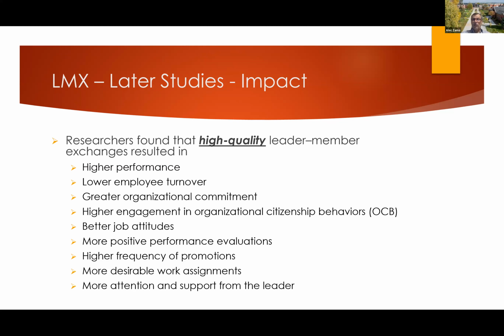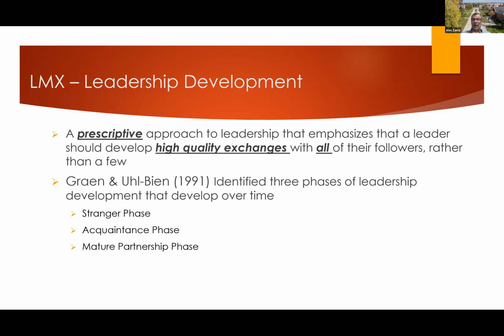So if we know that there are all of these positive outcomes, then how do we create these high-quality exchanges? That's where the prescriptive approach to leadership comes into play. This approach emphasizes that a leader should attempt to develop high-quality relationships with all followers rather than with a small group.